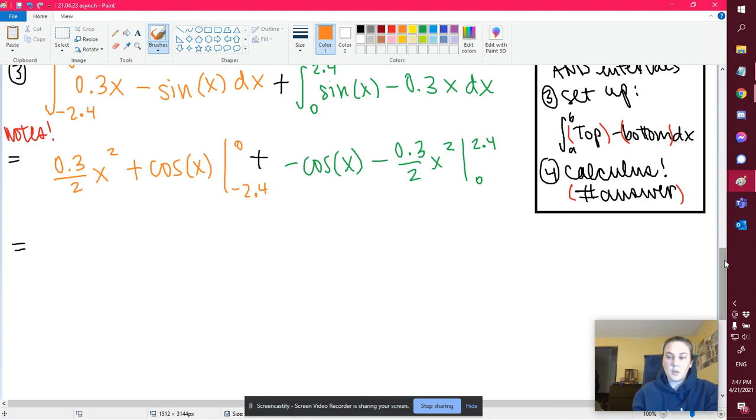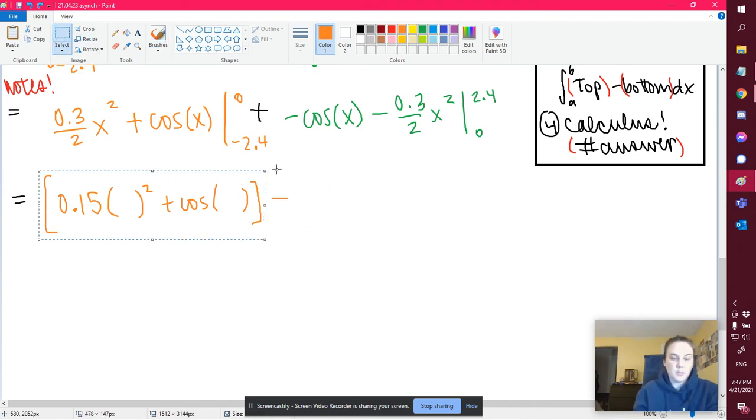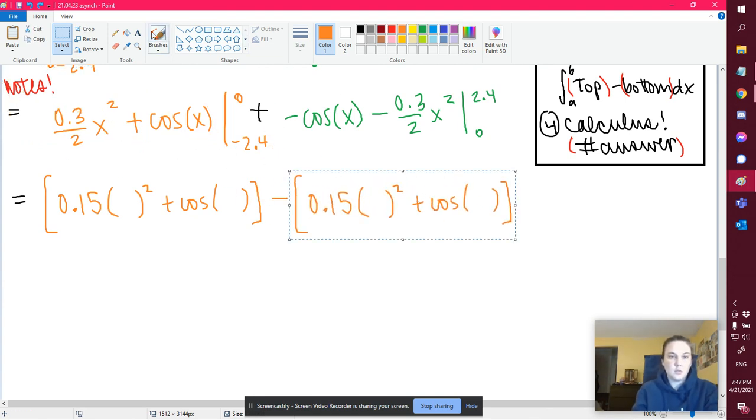Now we have to plug in our boundaries. 0.3 divided by 2 is 0.15, something squared, plus cosine of whatever, minus the same thing but plugging in a different number. Copy paste. This one we're plugging in 0 up top and negative 2.4 at the bottom.